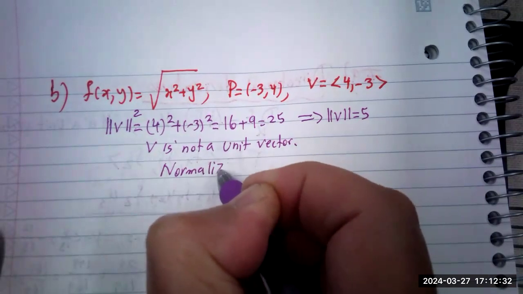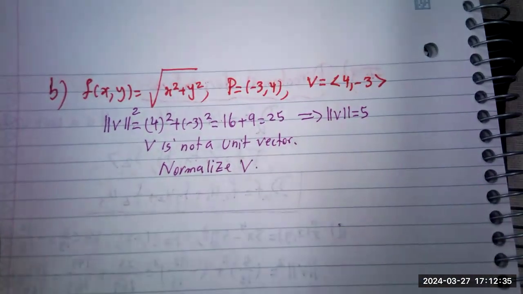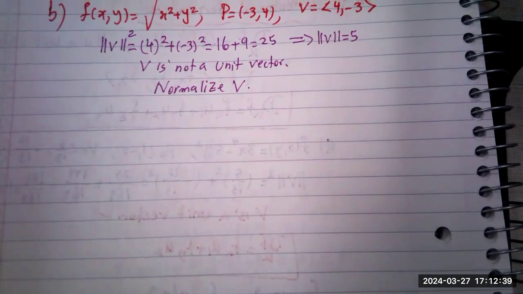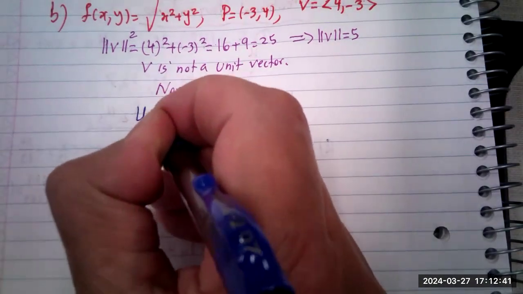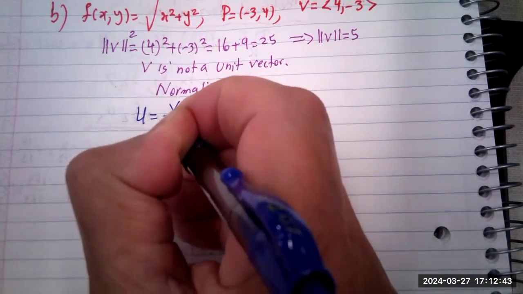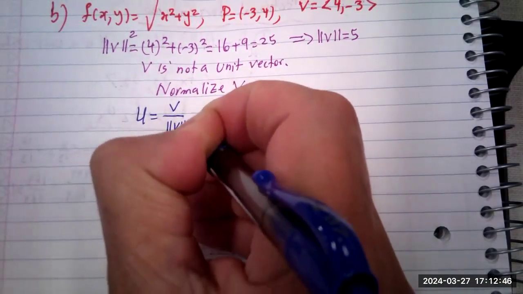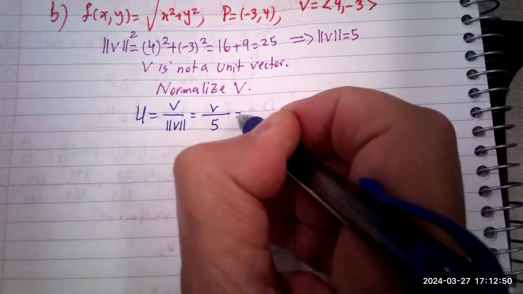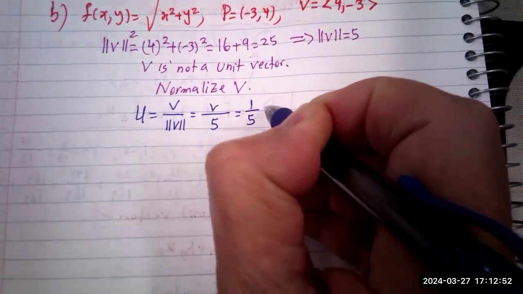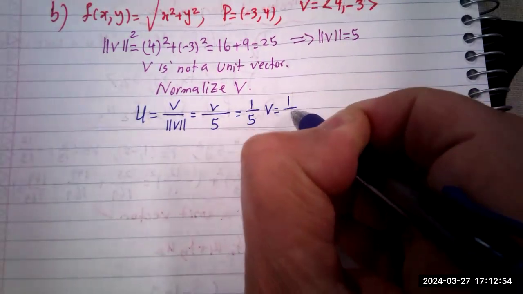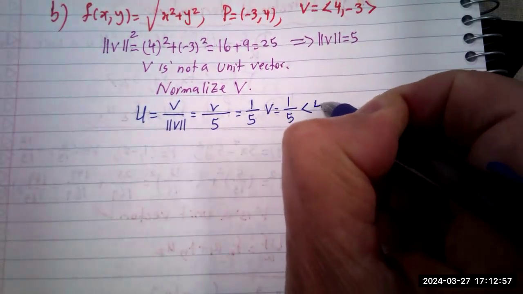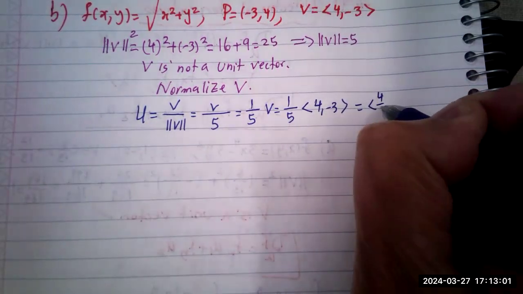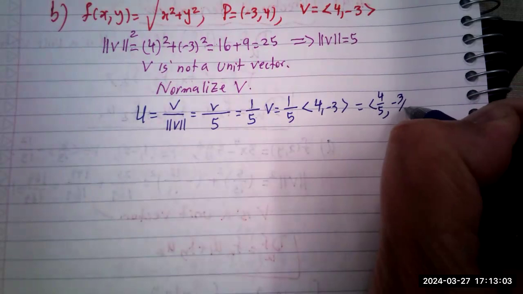So normalize V. You must do it automatically yourself. Normalizing means you introduce u to be V divided by the norm of V. But the norm of V is 5, so that gives you a fifth of V. A fifth of 4 and negative 3 gives you 4/5 and negative 3/5.